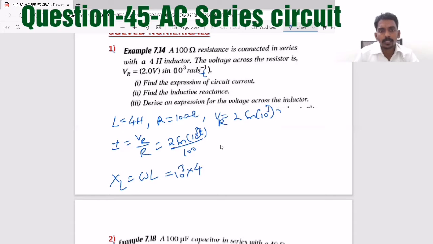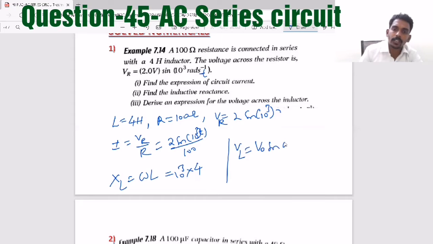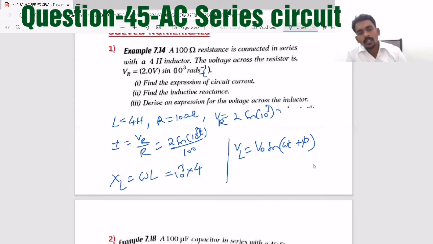And derive an expression for the voltage across the inductor. Here, when you have the current equation, then for the voltage equation you compare the voltage and current for the inductor. So the voltage across the inductor will become V naught into sine omega t plus phi, because voltage leads.